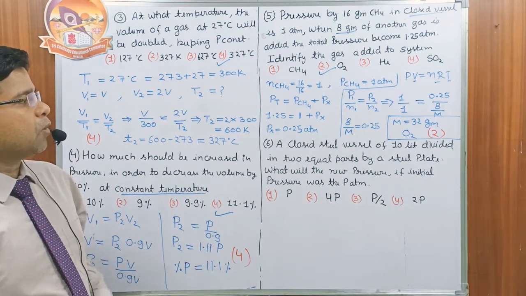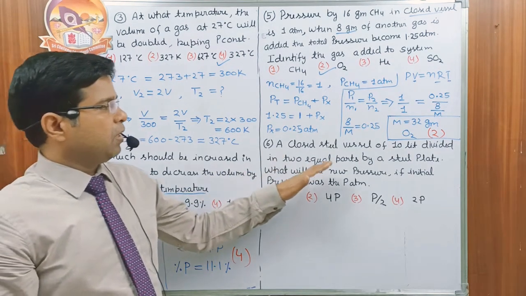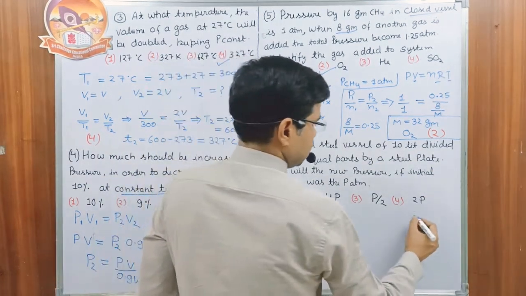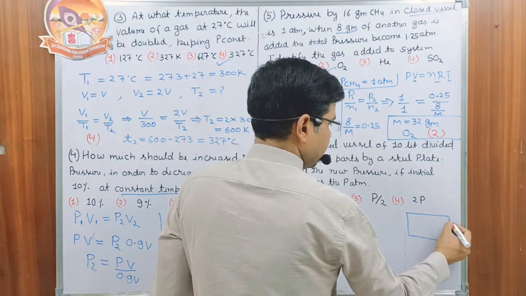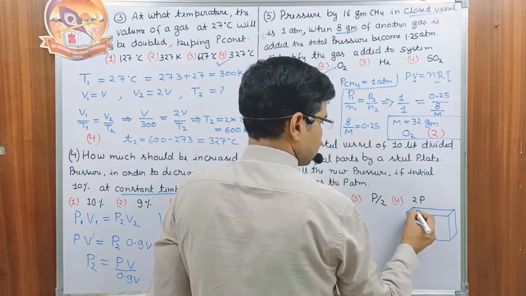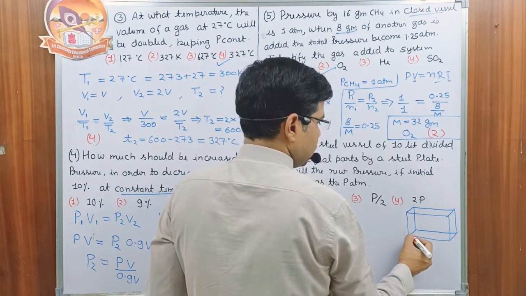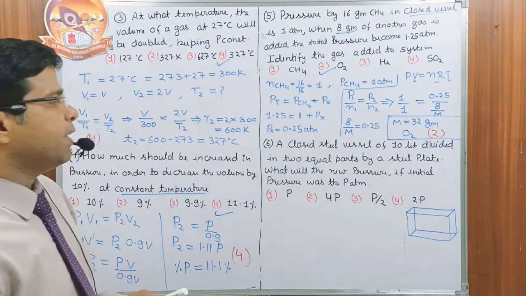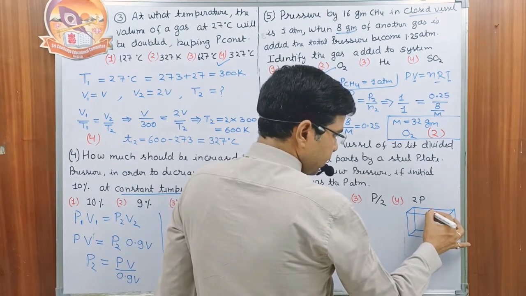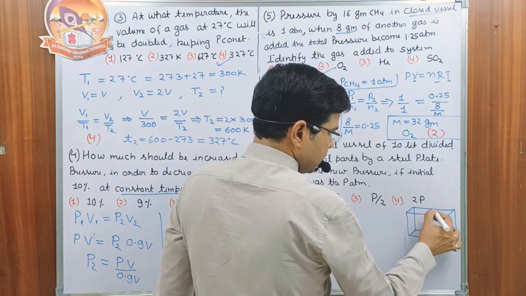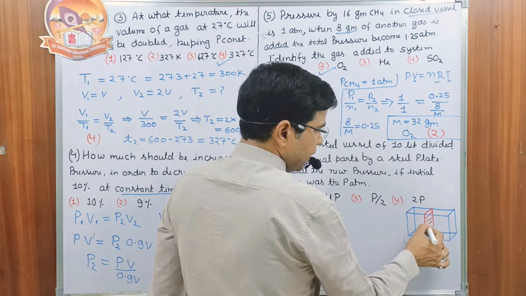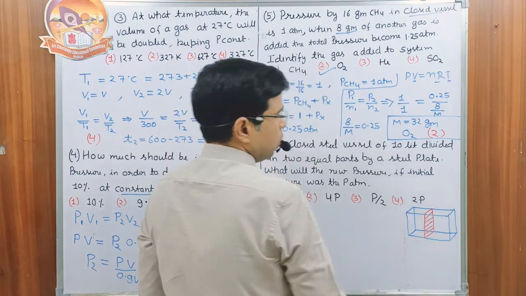Now we have question number 6. A closed steel vessel of 10 liter. The steel vessel is closed, rigid, and divided into 2 equal parts by a steel plate. It means we install a new plate just in the middle of this vessel, so that this new steel plate divides the vessel into 2 equal parts.